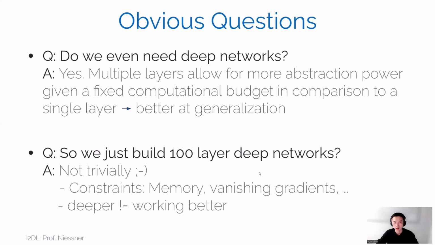And on the other side, designing a neural network does not mean only putting in more layers or making each layer wider. It's not that simple. So obviously we would say we need deep neural networks instead of a single layer, but it's not simple to just stick the layers together to get a very deep network and make the performance better.